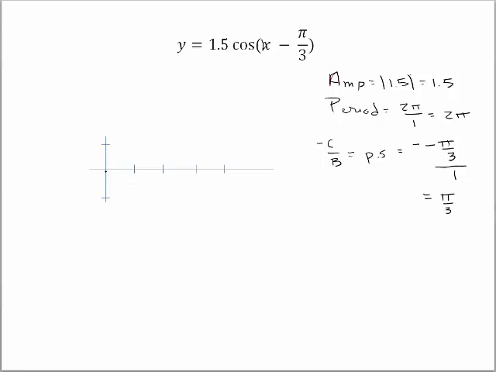That's going to mean that the wave is going to start to the right of the y-axis because it's a positive phase shift. Now we'll go back to that previous video again, and we will find the first point so we can start to identify these.